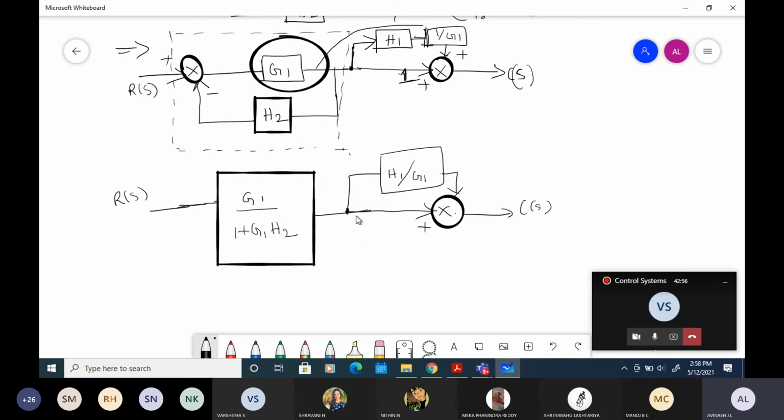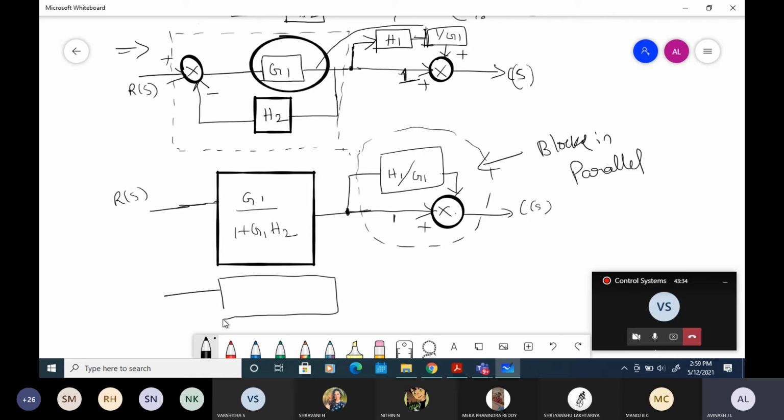Now this particular value, the single line after this point, we consider as 1, because finally we are going to multiply this. This is a parallel block. Blocks in parallel. Now if you are reducing the blocks in parallel, finally you will get like this.